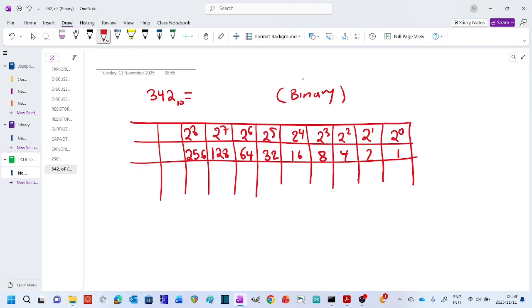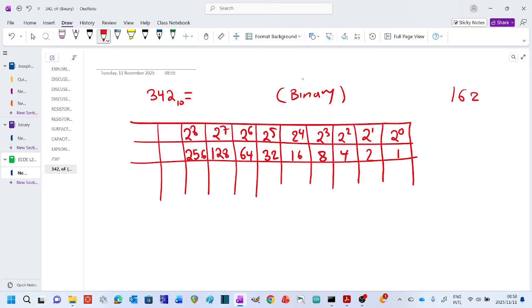For example, if the number I wanted to convert was 162, I would have to stop at 2 to the power 7, because 128, which is 2 to the power 7, is the closest number that is smaller than 162.